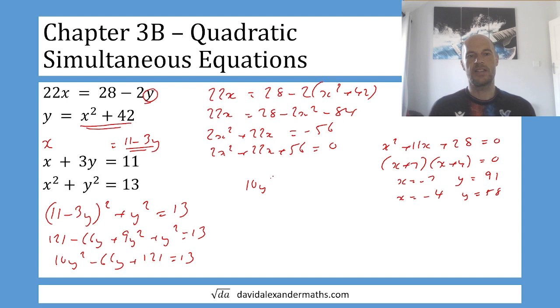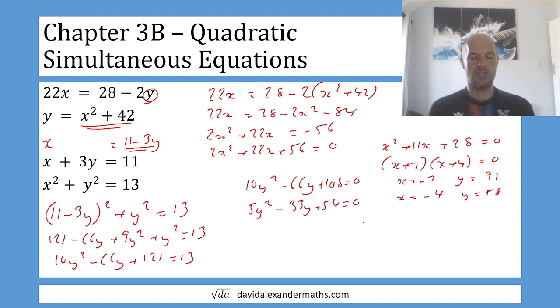That's going to be 10y squared, take away 66y. What's 121 take away 13? It is 108. That's still positive. Equals 0. Okay, so I can definitely divide through by 2. So 5y squared minus 33y plus 54 equals 0.